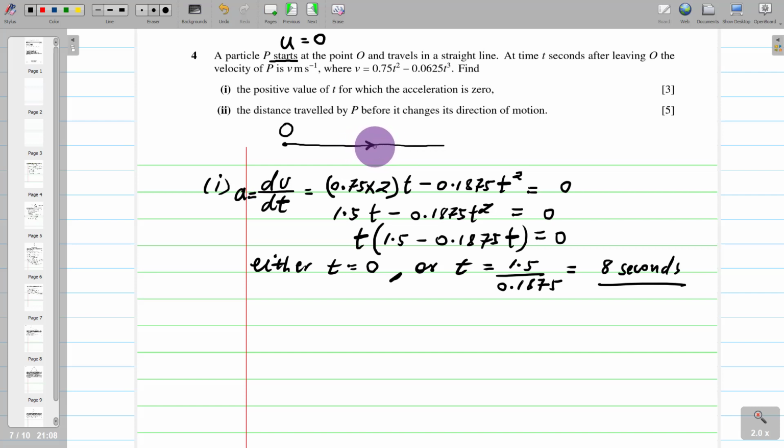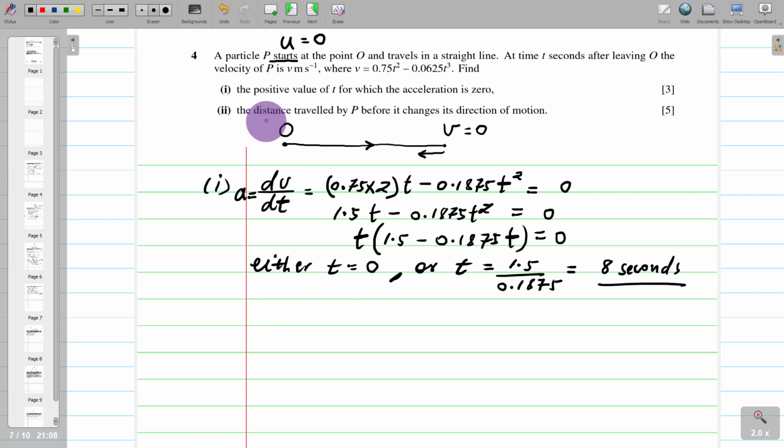And then after that, maybe it slows down. At some point, the object is going to change its direction of motion. It must come to rest, and then after that it changes direction of travel. That is what this question is all about.